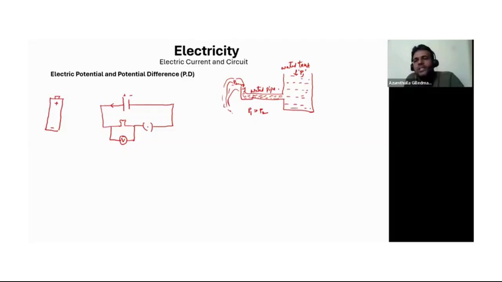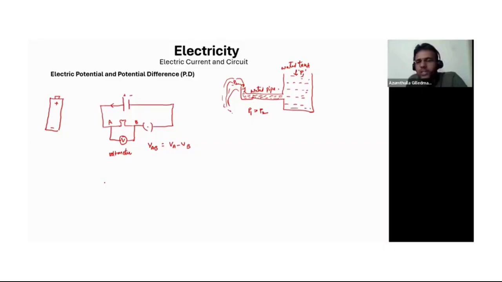So potential difference is always measured between 2 points, from point A to point B. Let's say this is point A and this is point B. The potential difference VAB at the 2 points AB equals VA minus VB, the potential at A minus the potential at B. So the potential difference is measured using a voltmeter.